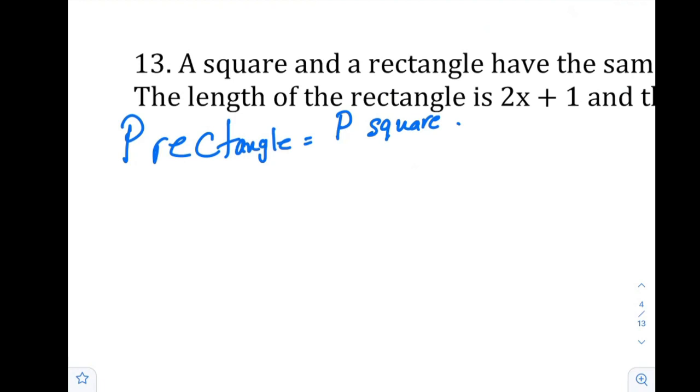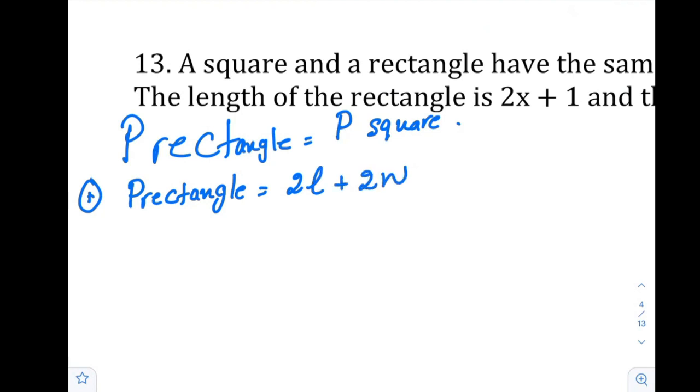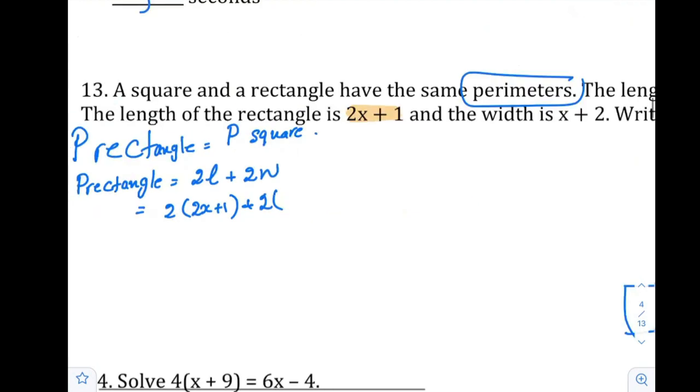Let's find the perimeter of the rectangle. محيط المستطيل عبارة عن twice the length plus twice the width. Length مرتين والwidth مرتين. طول مرتين والعرض مرتين. So it is twice times 2x plus 1, which is given here, plus twice the width, which is given as x plus 2.